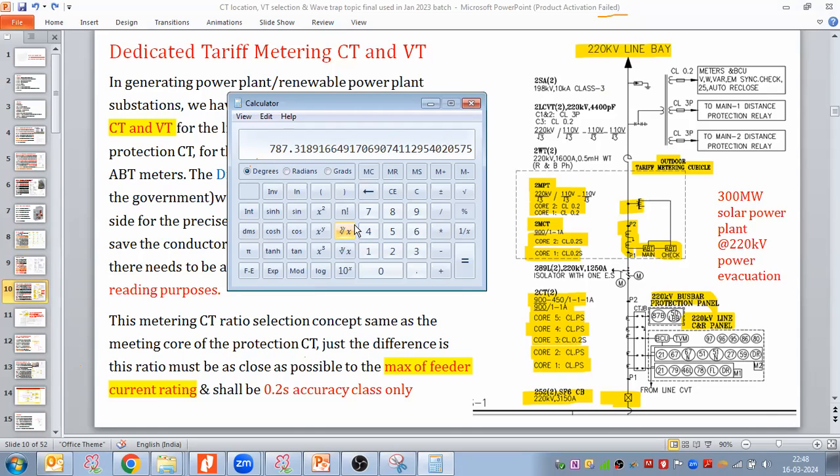900 ampere as a standard, but in solar or wind generation there is a major difference. In solar power plants the power factor does not play a vital role. It nears to 1. I understand. I'm just giving a justification why they are not given 800, instead they went to 900.